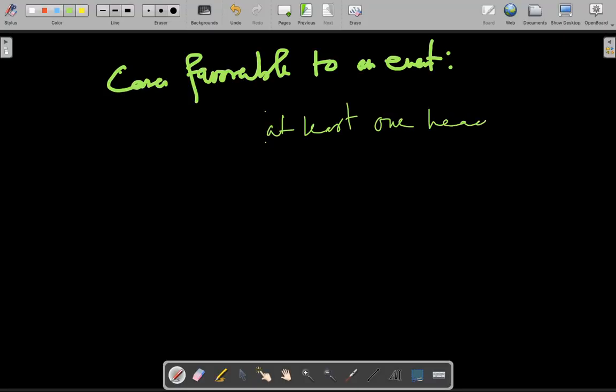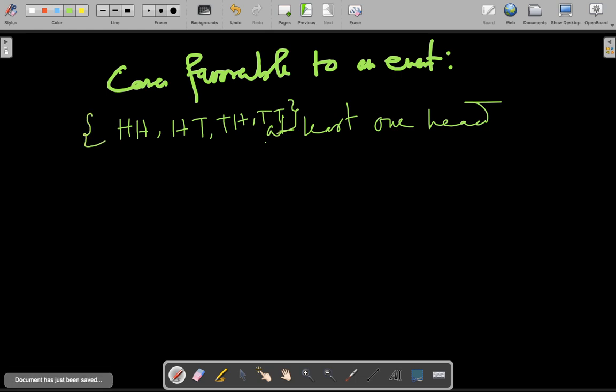And if I have all the possible outcomes, HH, HT, TH and TT, so this is my sample space, and if I have at least one head, that means I have to have this, this, or this. These are the cases favorable to an event, where my event A is at least one head.